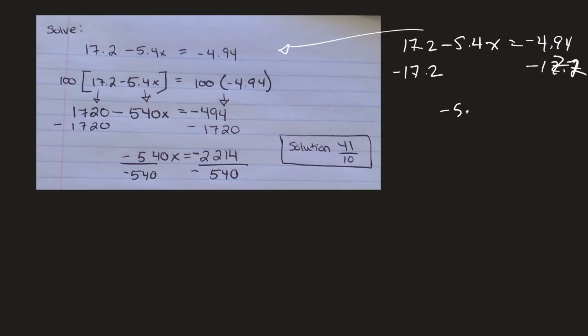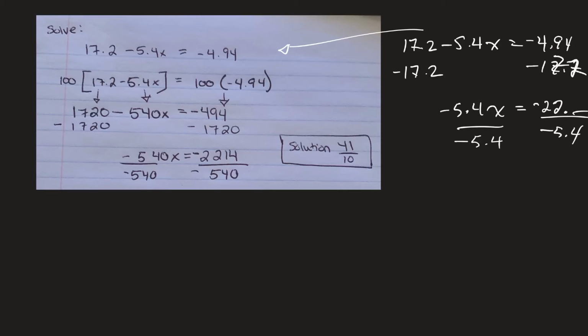So you get negative 5.4x is equal to, what would that be? It would be negative 22 point something, and then divide each side by negative 5.4.